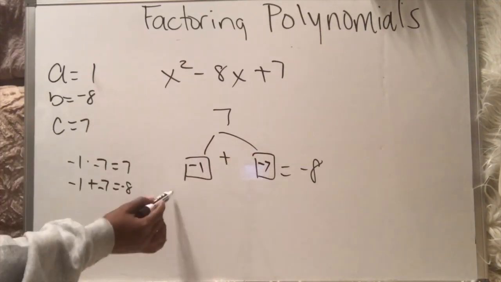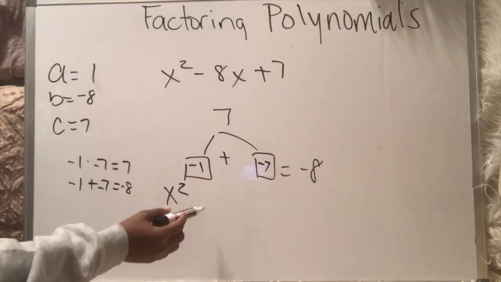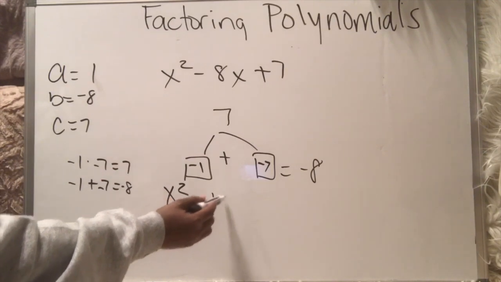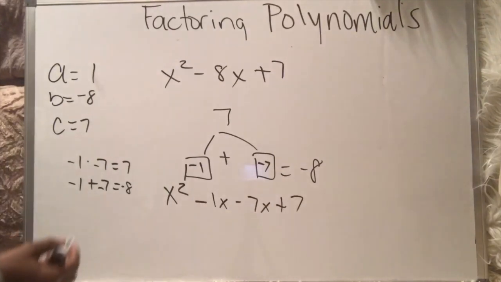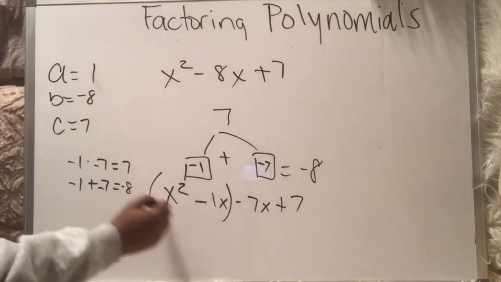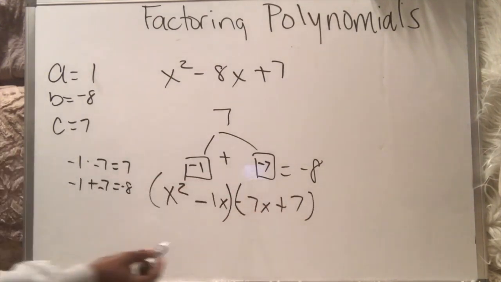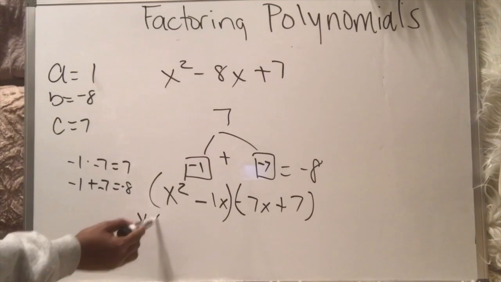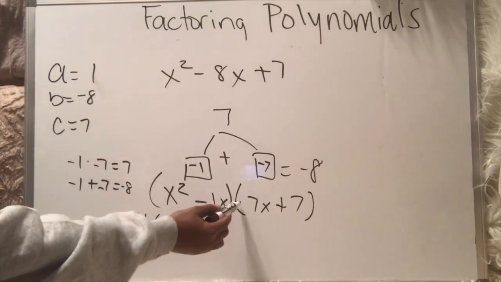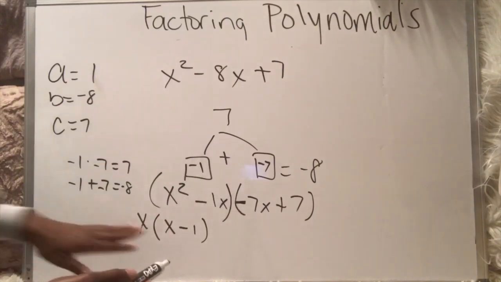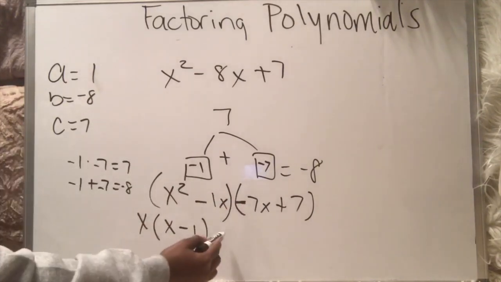So now I do my grouping, x squared minus 1x minus 7x plus 7. Alright? So I'm trying to group. So I'm going to group this and I'm going to group this. We take out an x and we're left with x minus 1. Right here, we want to take out a 7, right?